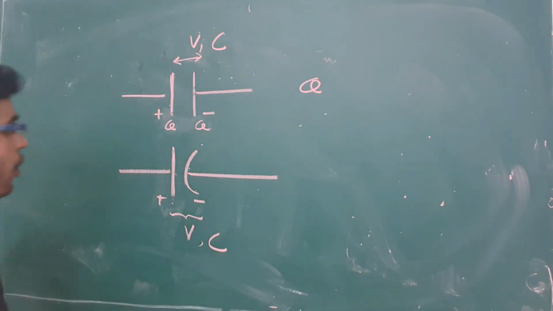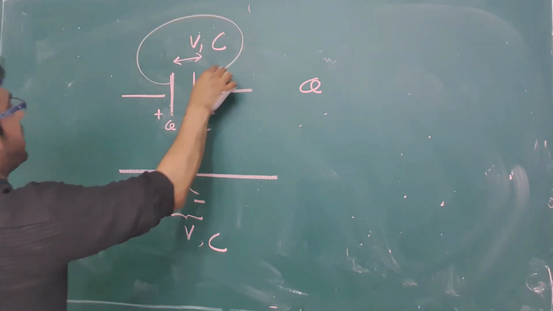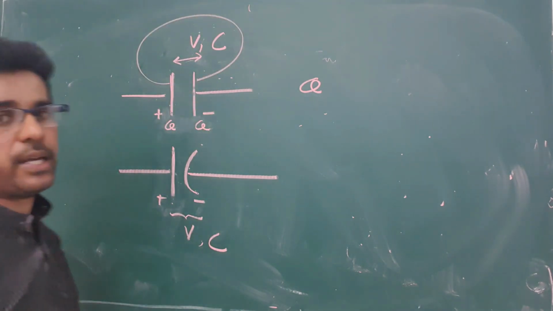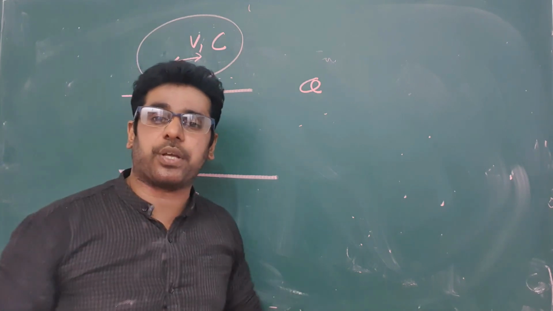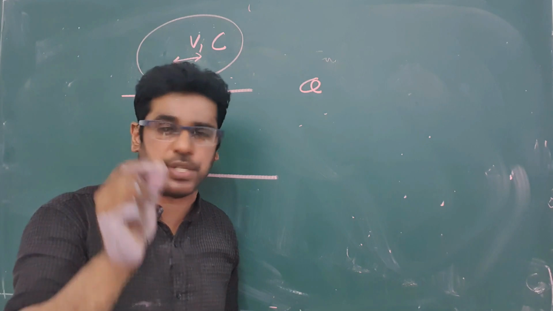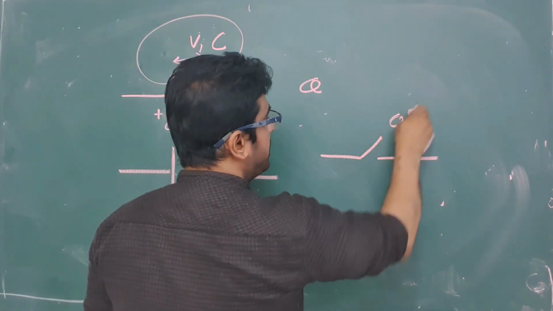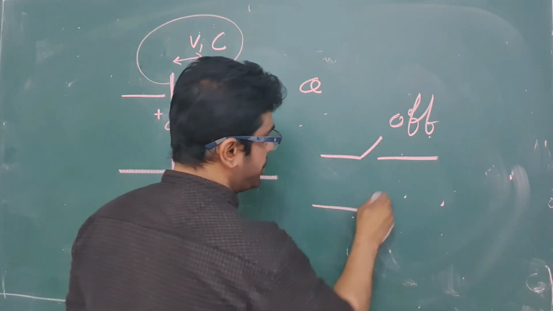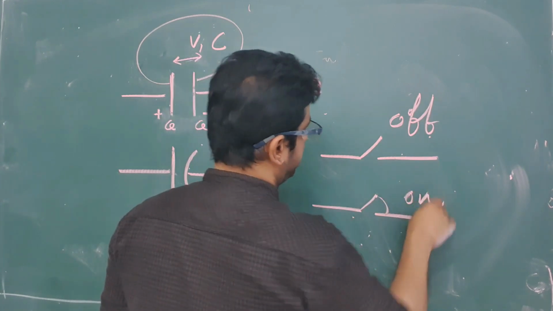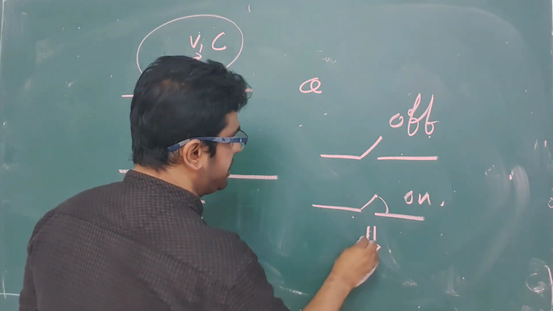Now, when you connect these two plates by using a wire, or otherwise you can use a connected switch. This is the open switch and this is the connected, on switch. An on switch always acts as a wire.